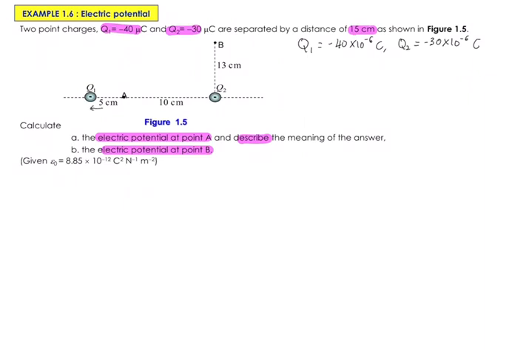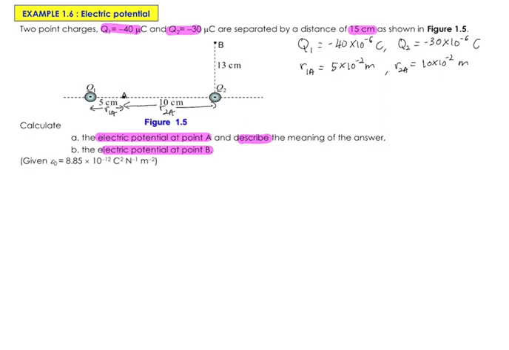And then R2A, we label it from point A to charge Q2. So your R1A is 5 times 10 power of negative 2 meters, and your R2A is 10 times 10 power of negative 2 meters.